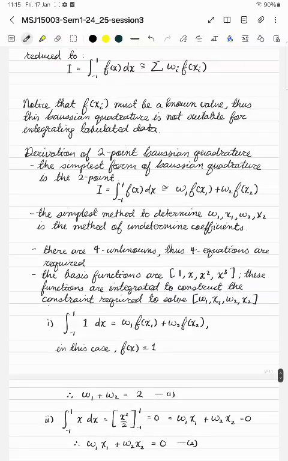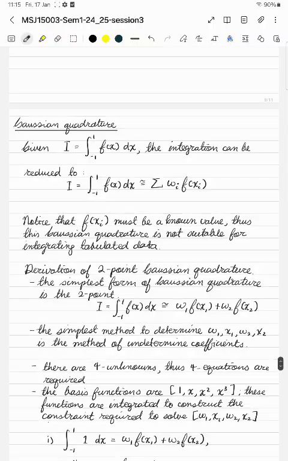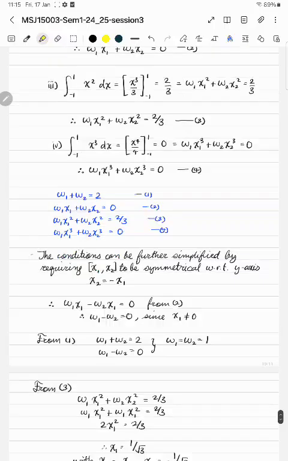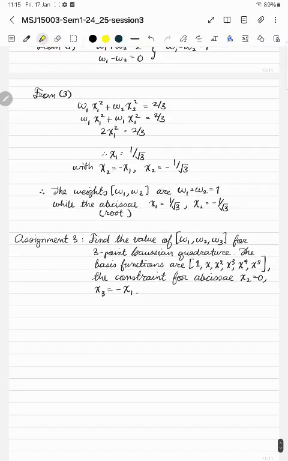Because we are free to choose how many points we want, in this course we will limit our discussion to 2 points, and of course 3 points, which will be your assignment.